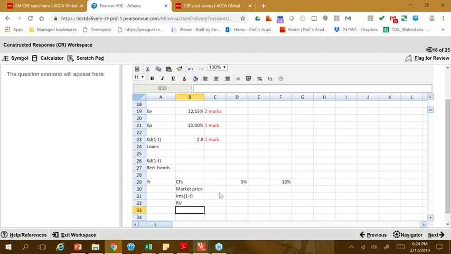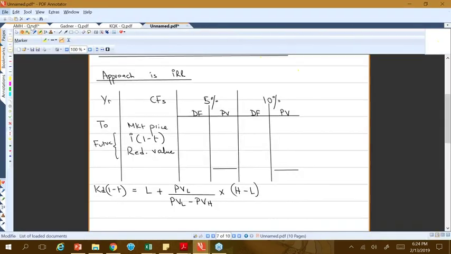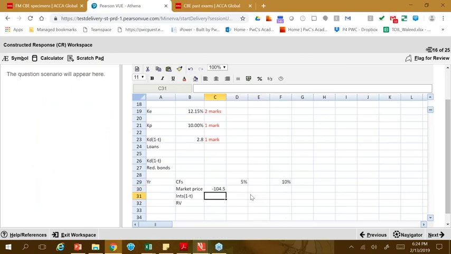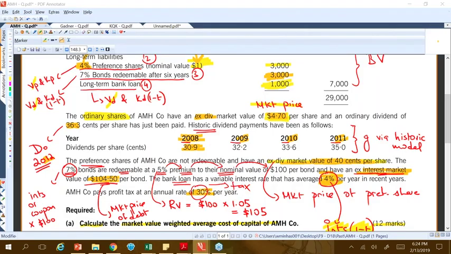Now, the market price of the debt given in the question was 104.5. So we'll show this 104.5 as a negative, being the market price in today's time. The interest on this redeemable debt is 7%.